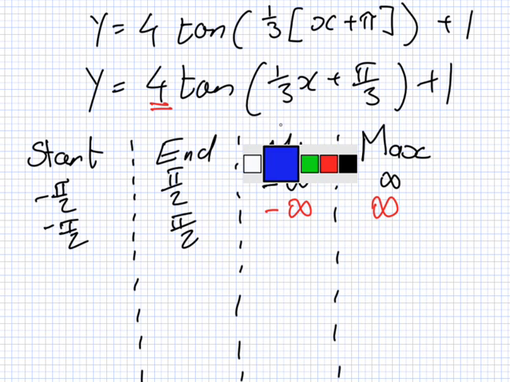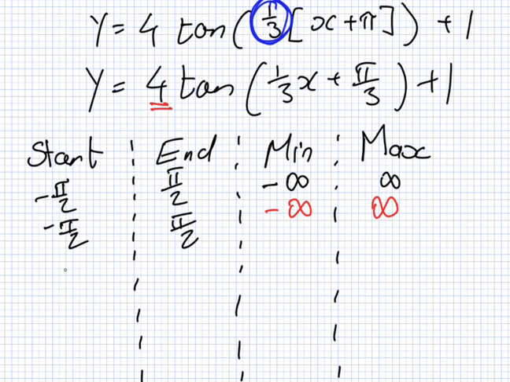Now, what about the 1 over 3 here? What does that do? It expands, 3 times. So it will now be minus 3 pi over 2 and 3 pi over 2. I should do that in blue because that's the one I'm changing.